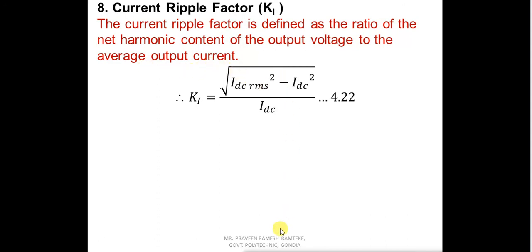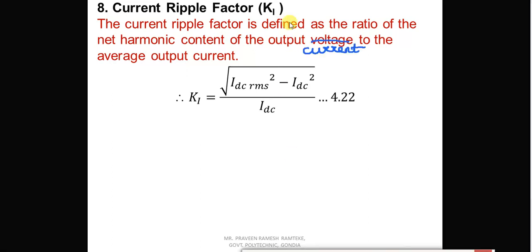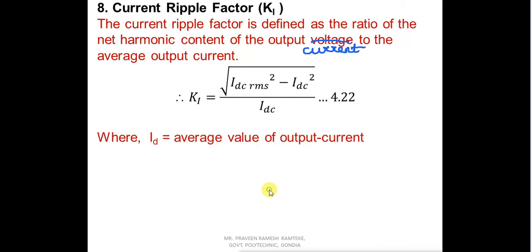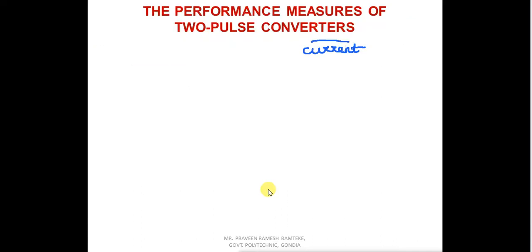I have made some modification: the current ripple factor is defined as the ratio of net harmonic content of the output current to the average output current. Now it is perfectly alright and without any confusion. Where IDC is the average value of the output current, and IDC RMS is the RMS value of the output current.